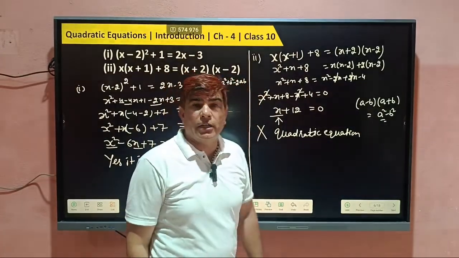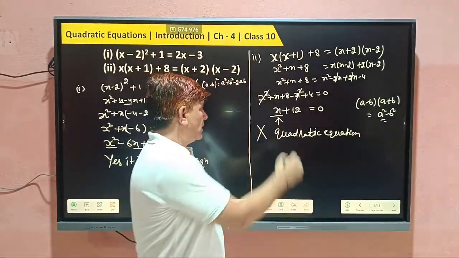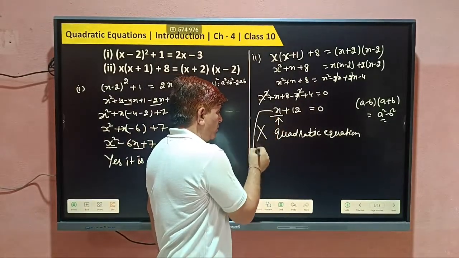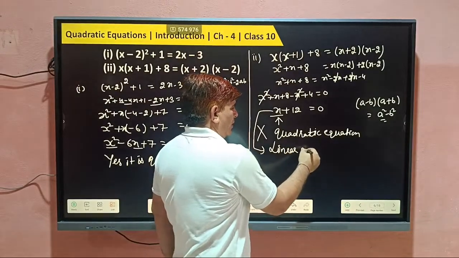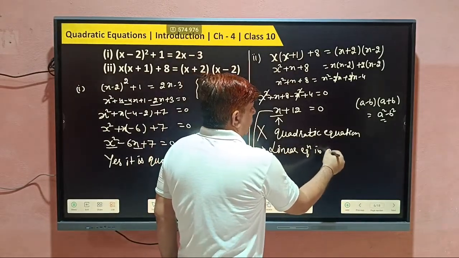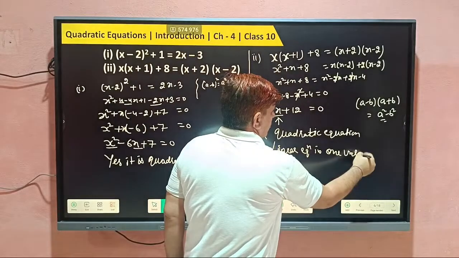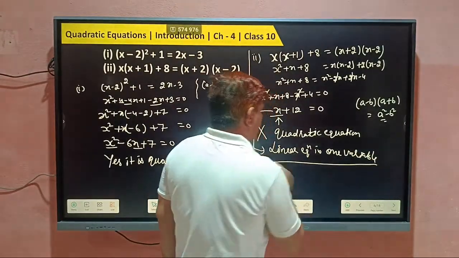If it is not a quadratic equation, what type of equation is it? Its highest degree of the variable is 1. So this type is called a linear equation in one variable.